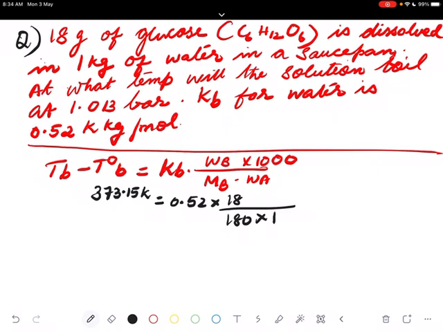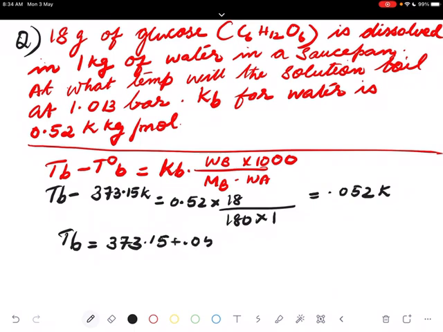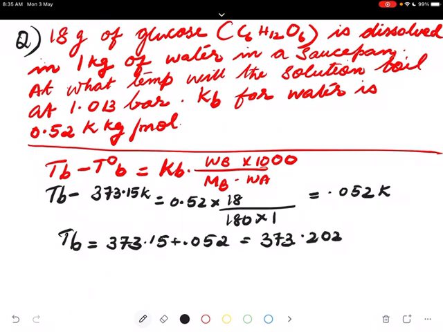So this will be equal to 0.052 Kelvin. So TB is equal to 373.15 plus 0.052, which is 373.202 Kelvin.